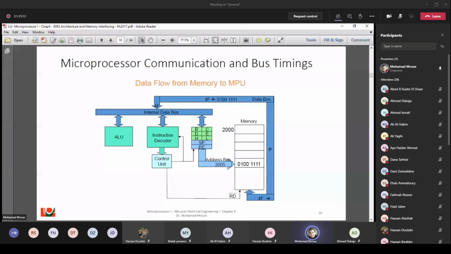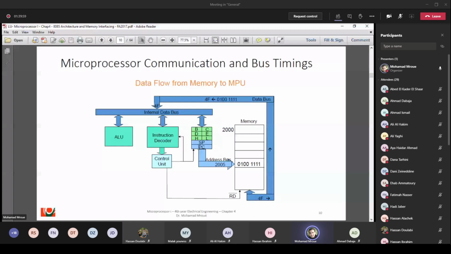Okay, so the memory at location 2005 has the instruction. This instruction is sent by the memory when the read signal is asserted. It is sent to the microprocessor through the data bus, and it becomes available only to the instruction decoder, and it will be decoded by the microprocessor. This is a read operation to read an instruction, to read 1 byte from the memory.